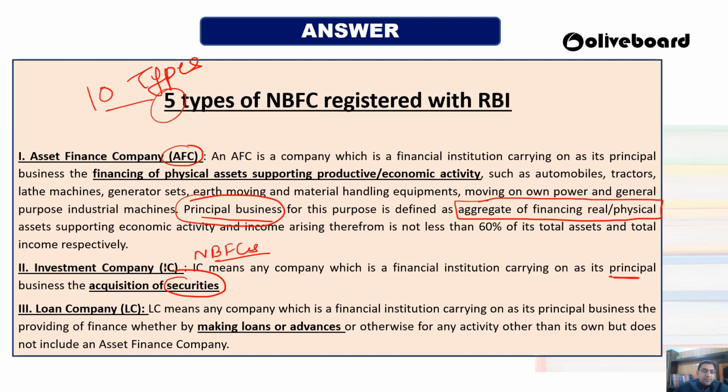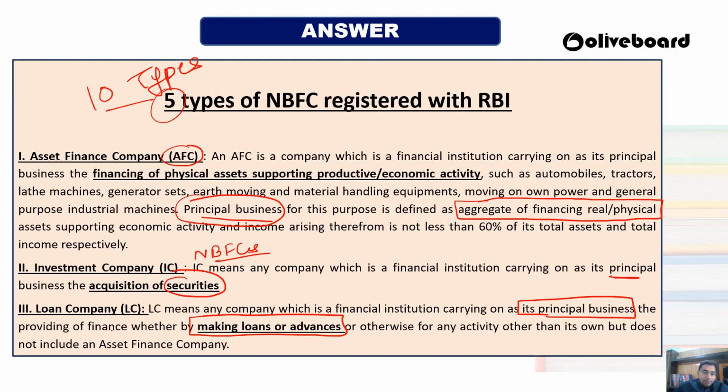Then the third type of NBFC is the loan company. Their main principal business is making loans and advances, or providing loans otherwise for any activity, but it does not include the asset finance company.